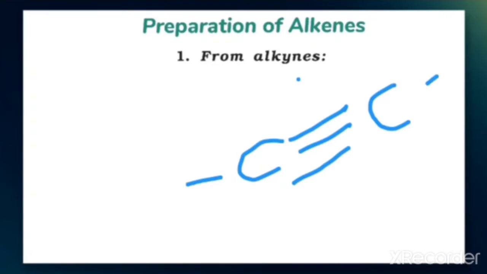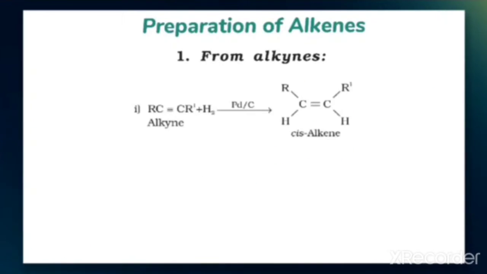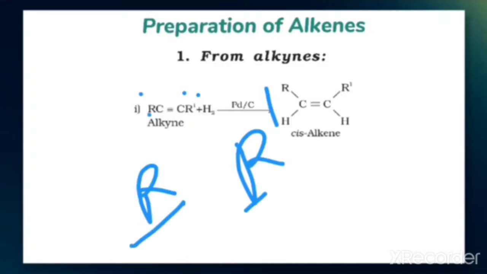The general representation of an alkyne is R-C≡C-R', where R is an alkyl group. Why is it written R and R' here? That means these can be different, or they can be the same also.